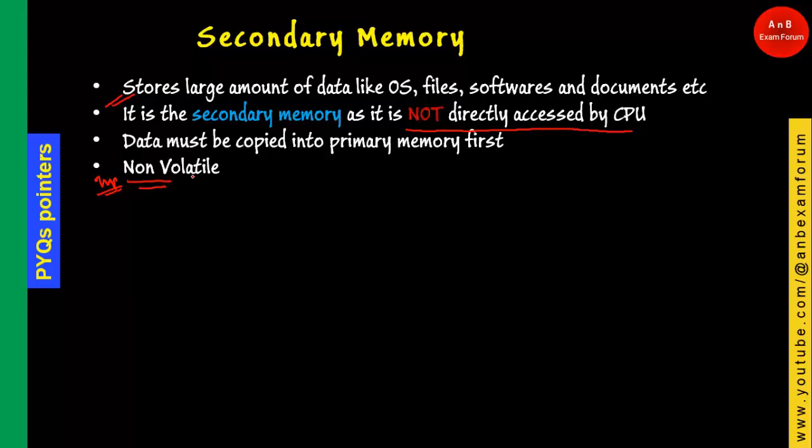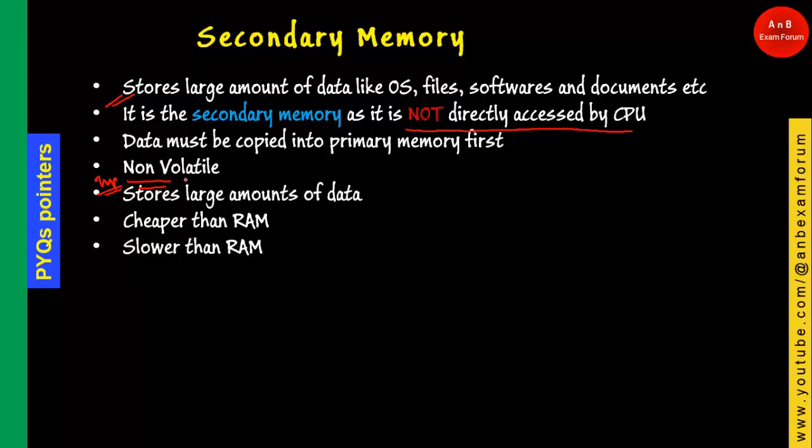Non-volatile means the data will remain in the storage device even if electricity is gone, even if power is off. That's why if you have a pen drive, the data remains there even if it is not connected to the PC or electricity. Secondary memory generally stores a large amount of data and is much cheaper than RAM.